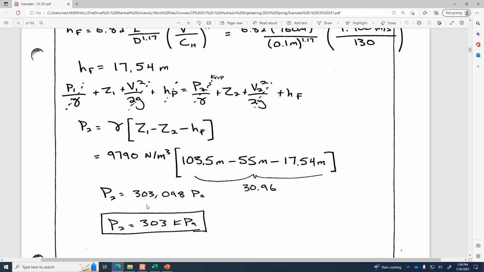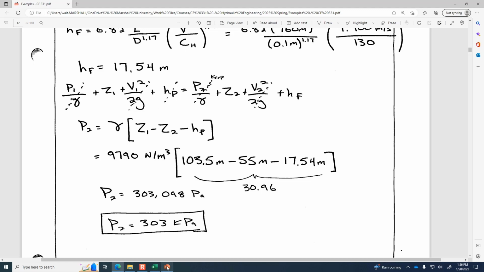So if we had accounted for the velocity head, then the pressure wouldn't have been 303 kilopascals, it would have been 302 kilopascals. So it's less than 1% of an effect, less than 1/3% of an effect if we go ahead and neglect velocity head on occasions like this.